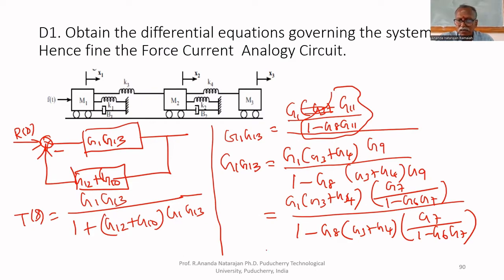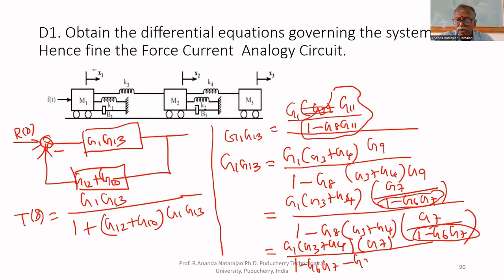What you will get is G1 times (G3 plus G4) multiplied by G7, whole divided by 1 minus G6 G7 minus G8 times (G3 plus G4) multiplied by G7. So we got G1 G13.